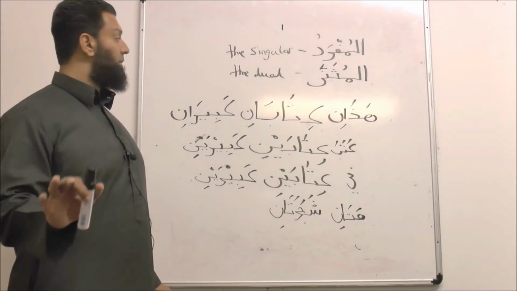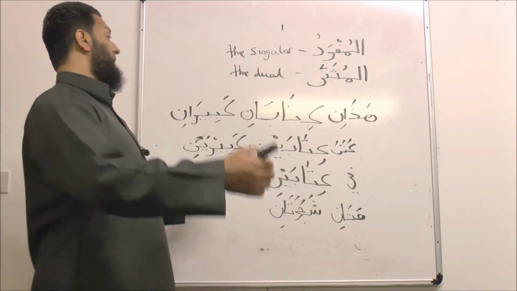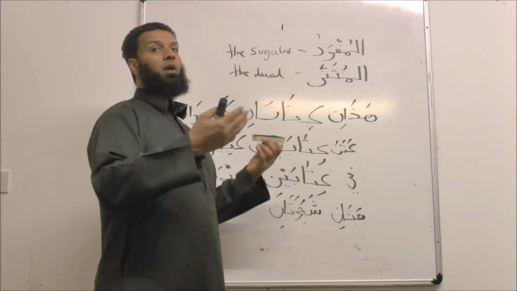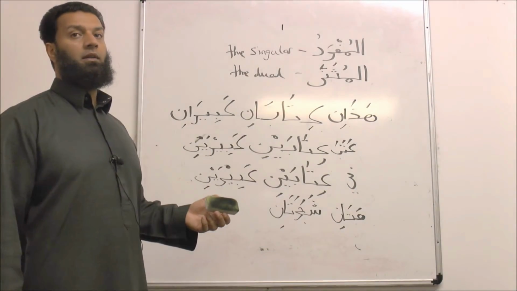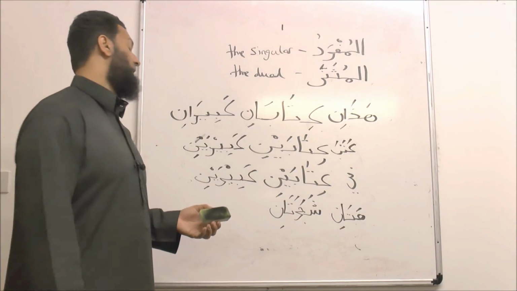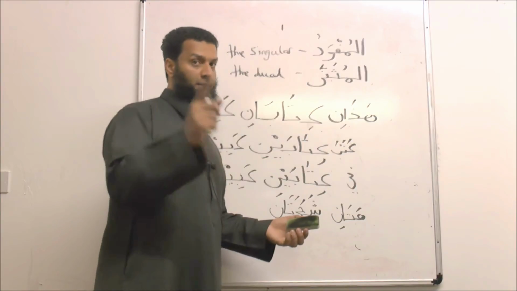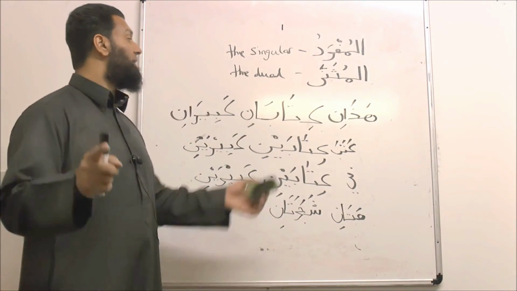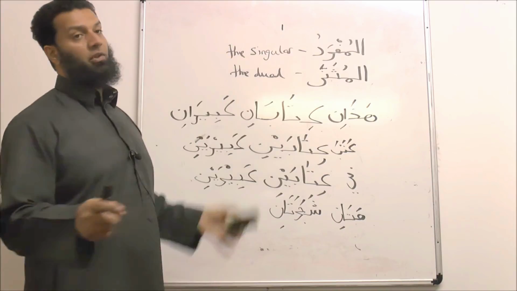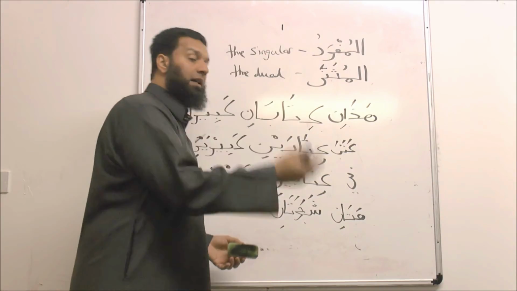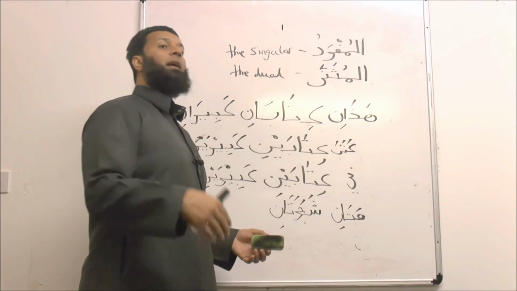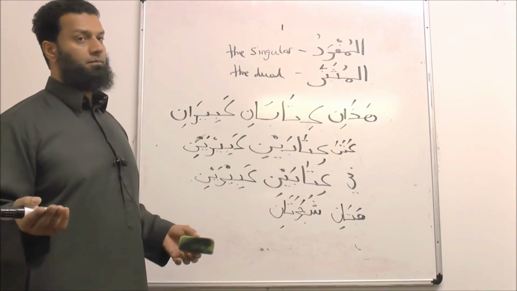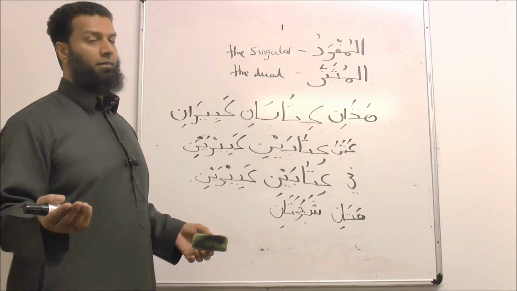So if we want to say these are two large books, we say hadani kitabani kabirani.